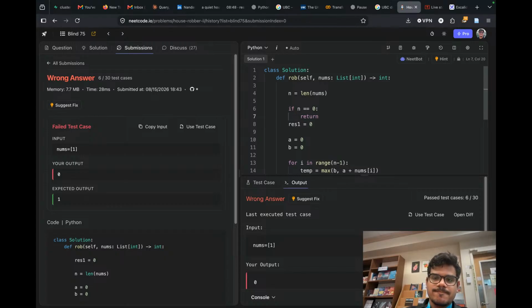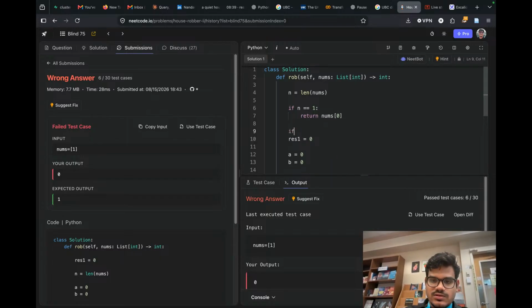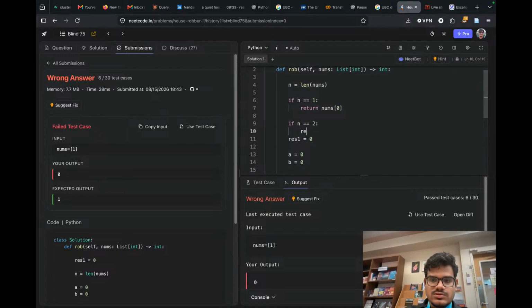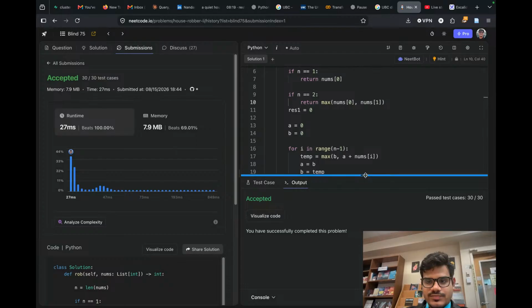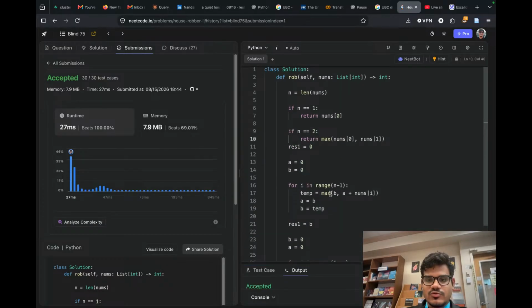As n is 1, we can return nums[0]. If n is equal to 2, we can just return max of nums[0] and nums[1]. So yeah, this is submitted and correct, but now I think there are a lot of improvements required. Yeah, let's work on them.